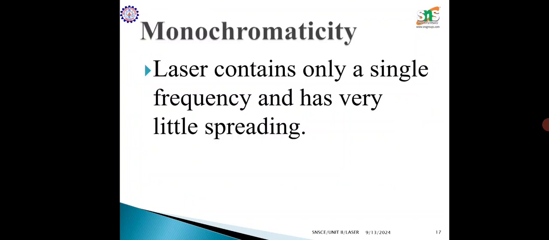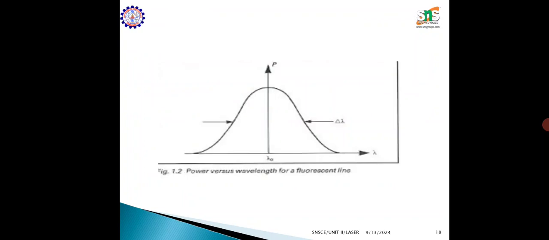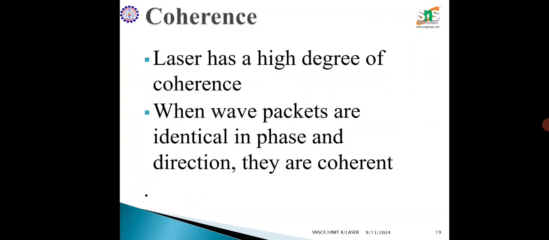That's why it comes under a monochromatic source. And coherence. We know that photons are wave packets. Every wave packet or photon has the same phase, direction and frequency. That's why we say they are coherent.